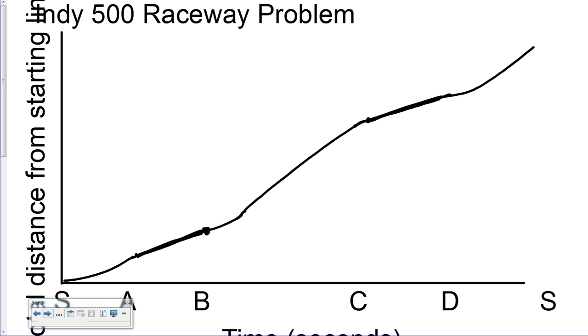So it does have repetitive parts to it, and there are some real subtleties to it as well. So that would be the total distance. We don't really have any distance markers on the side.